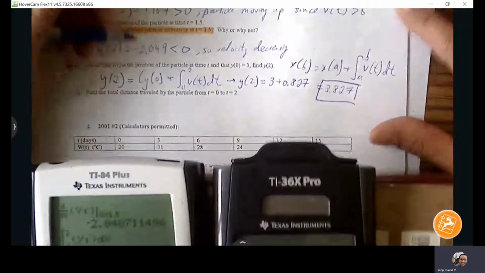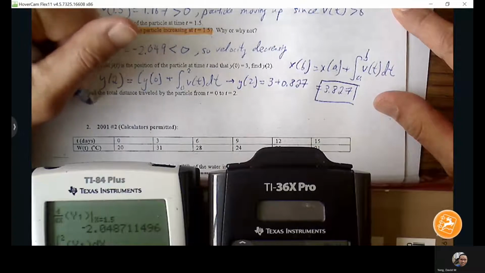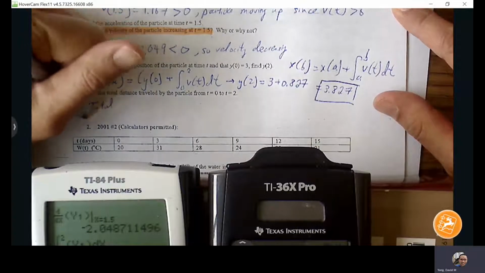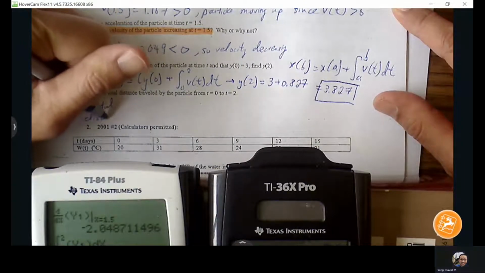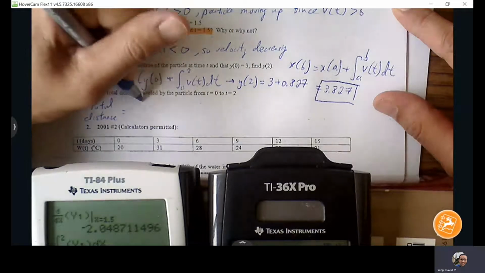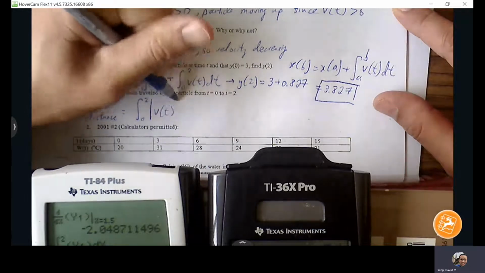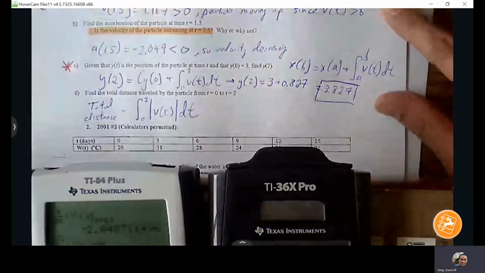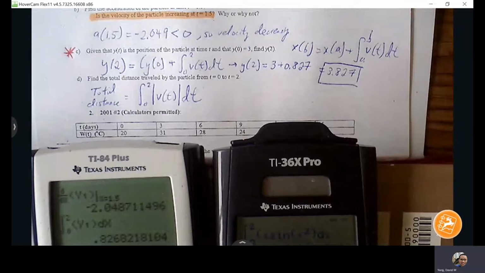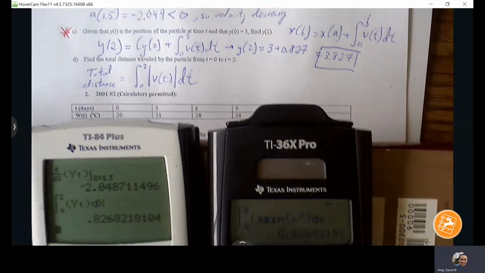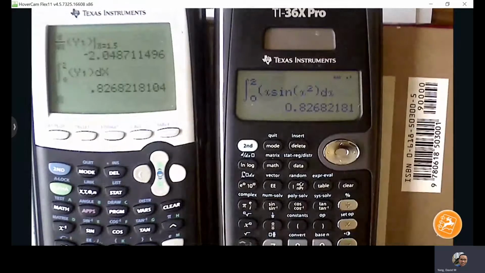The formula is just the definite integral from a to b of the absolute value of v of t dt. It's important that you put the absolute value just around the velocity function and not around the entire definite integral. Let me show you on the scientific here.